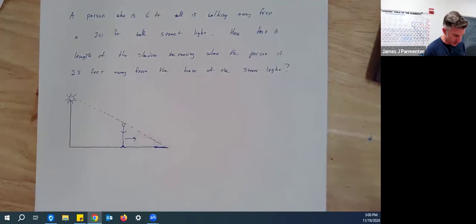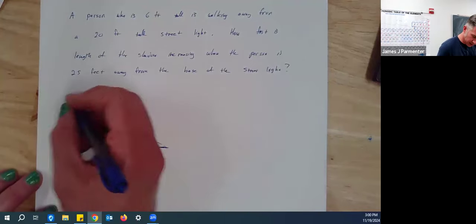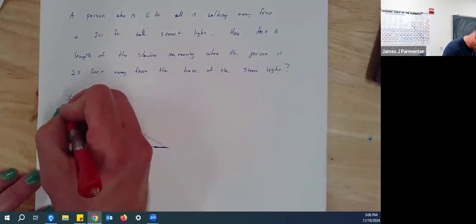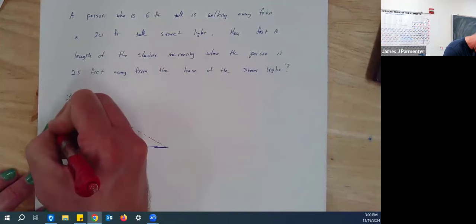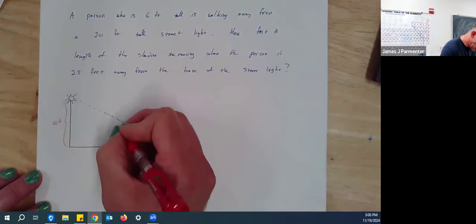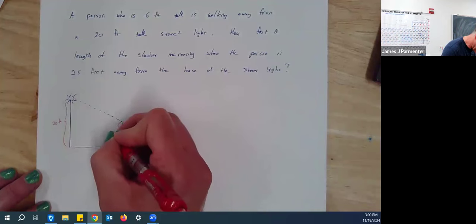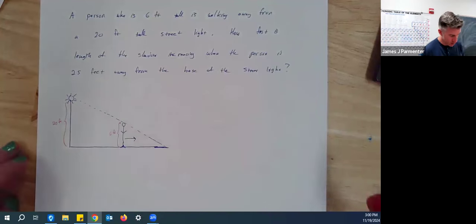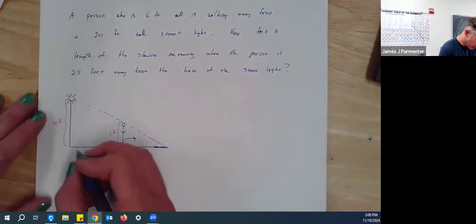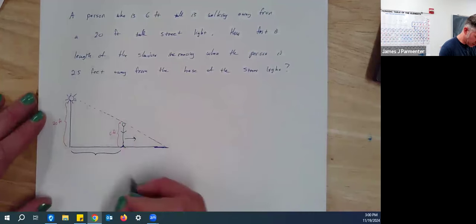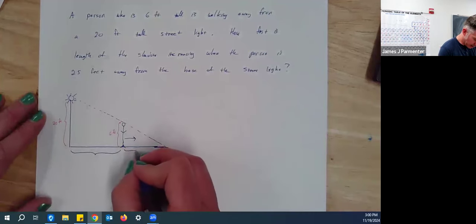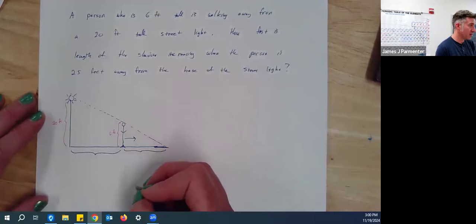All right, so let's label what we know. We know that the street lamp is 20 feet tall. It's not changing. And the person is 6 feet tall. That's also not changing. But two other things are changing, specifically how far they are from the street lamp and how long their shadow is.